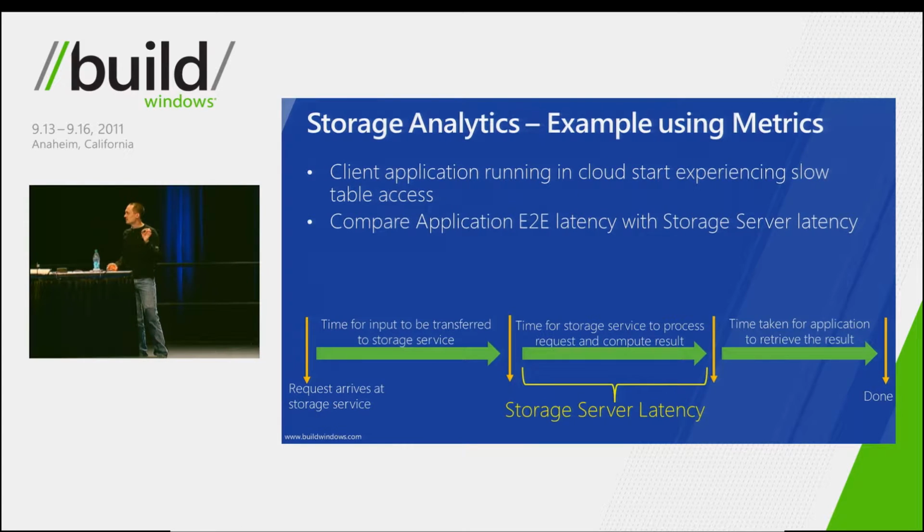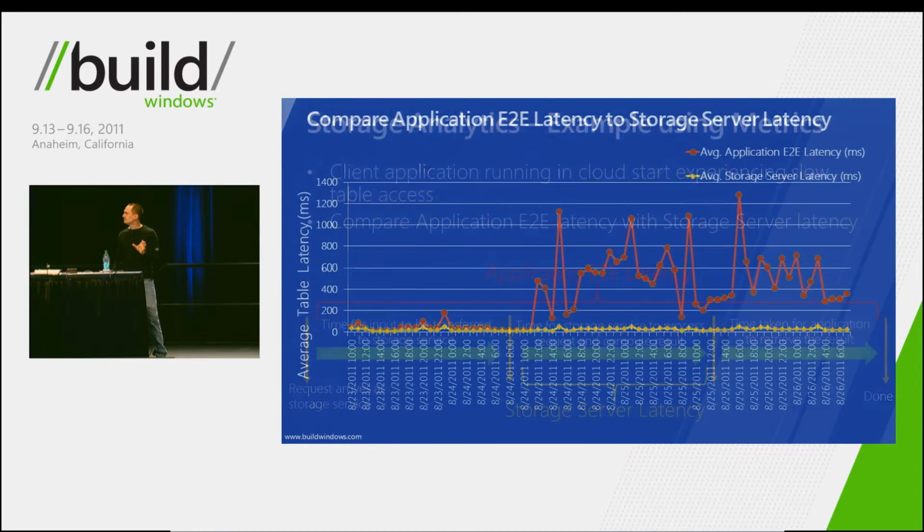The storage server latency is the component we measure in the middle. So this is the time it takes for us, once we got all the input, to process the request and produce the results. Whereas the application latency includes the time to transfer the results in, as well as to receive the results out, basically to get the results out. So for a couple customers who have had this, we looked at their metrics.